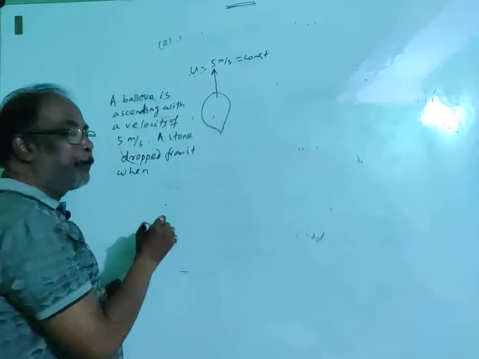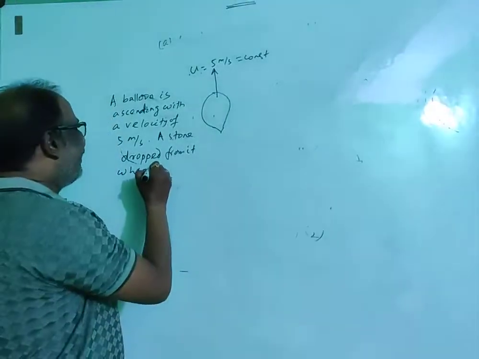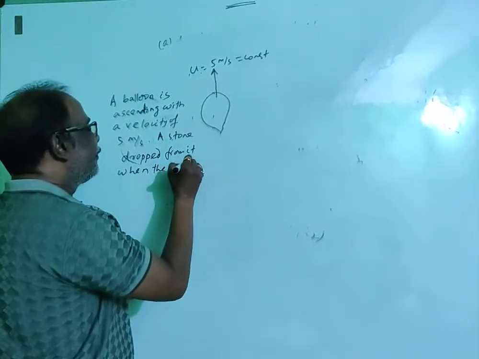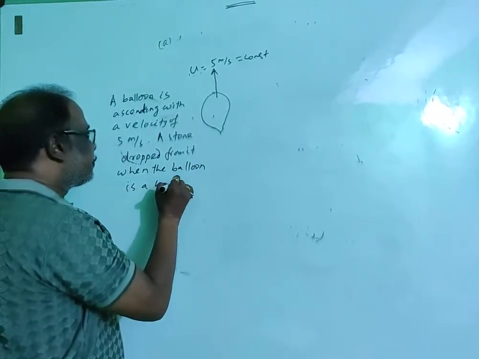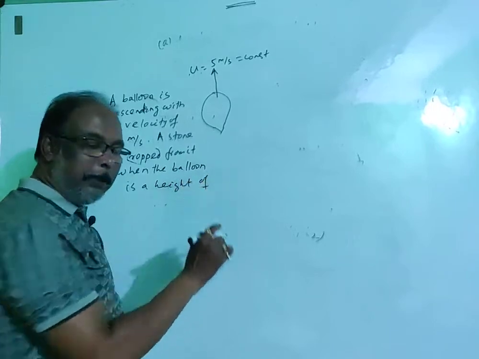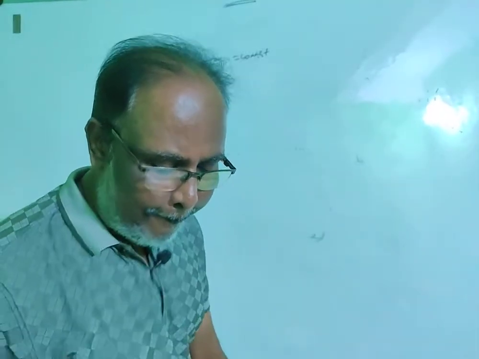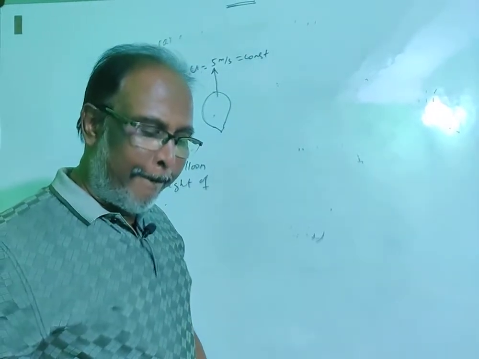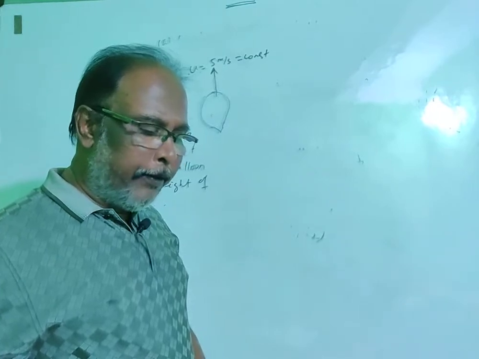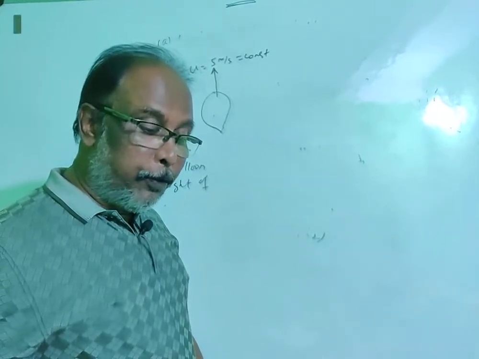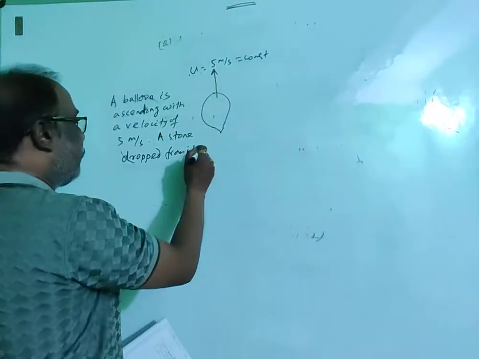I am changing the sentence slightly, but the theme will be the same. When the balloon is at a height, I think this must be mentioned in your question. The body is dropped from a balloon ascending with velocity 5 meters per second. The height is not given. Dropped from it.